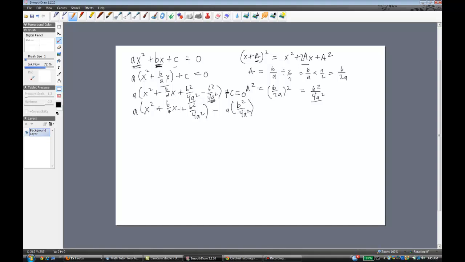Well, if we were to apply the distributive law to the entire product here, the a would be distributed over all four terms.